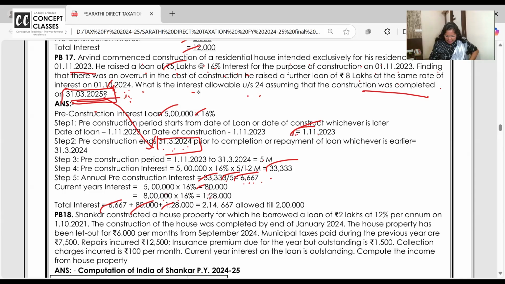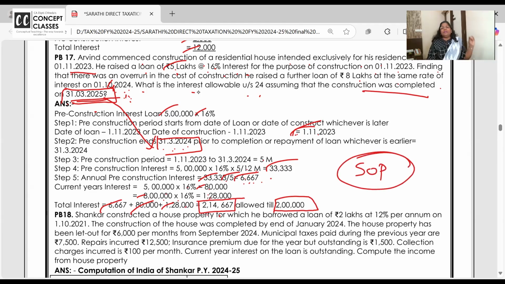Yes, it is deductible. And then the current year's interest on the more loan you have taken will be deducted in routine, because construction is over. You can't deduct this interest as pre-construction interest. So total interest is coming to 214,667. Current year plus pre-construction allowed is only up to 2 lakh if it is a self-occupied property. And if it is a let out property, everything is allowed.